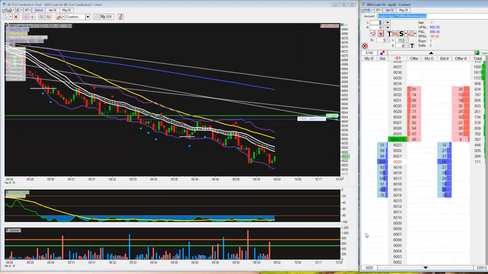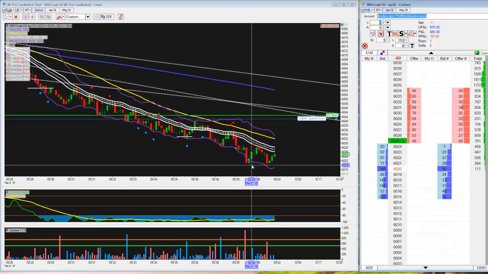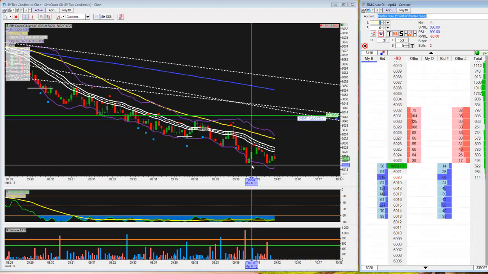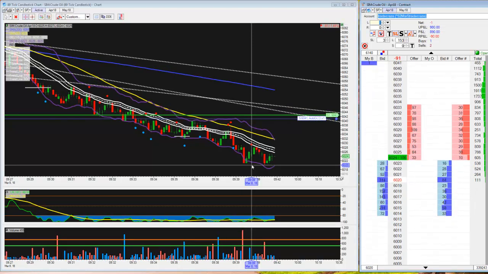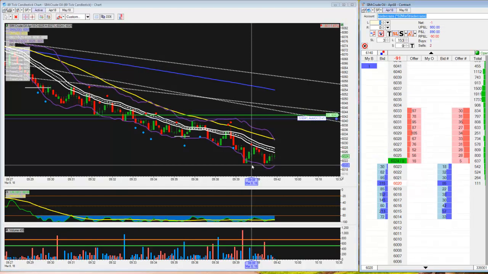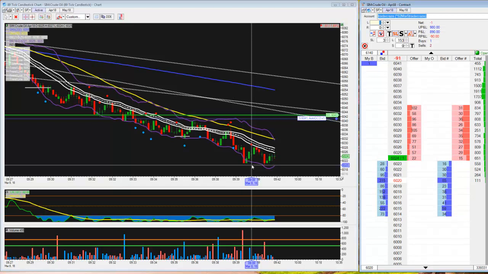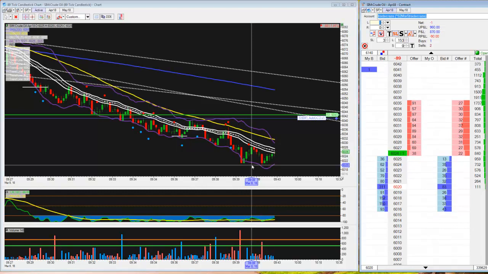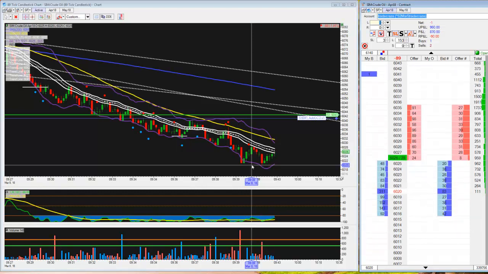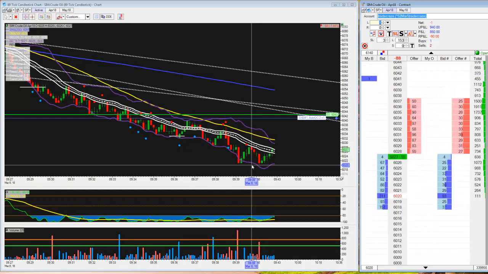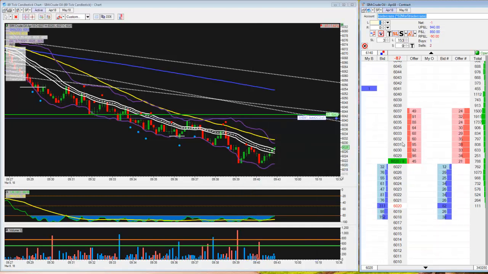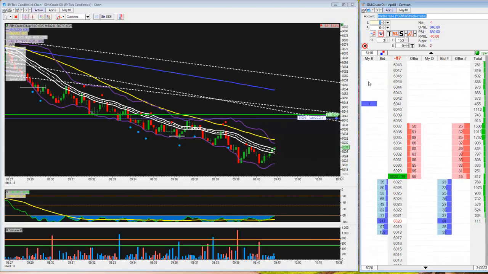Expect high volume at $60 or close to it. Protect 60.46.